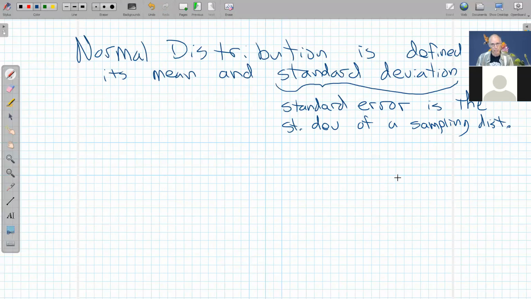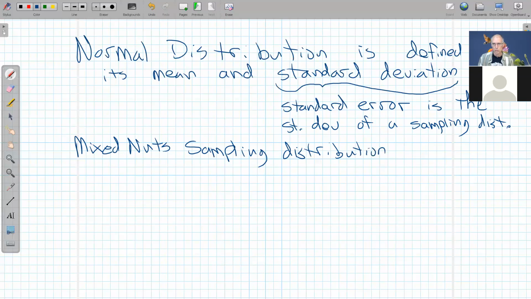So if I take my mixed nuts, for example, the sampling distribution was for the proportion of peanuts.